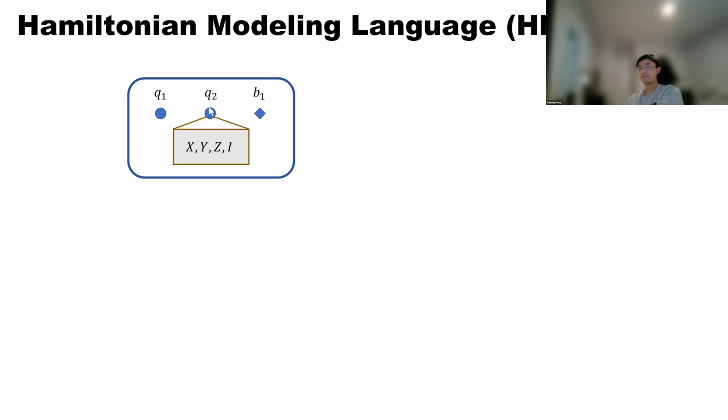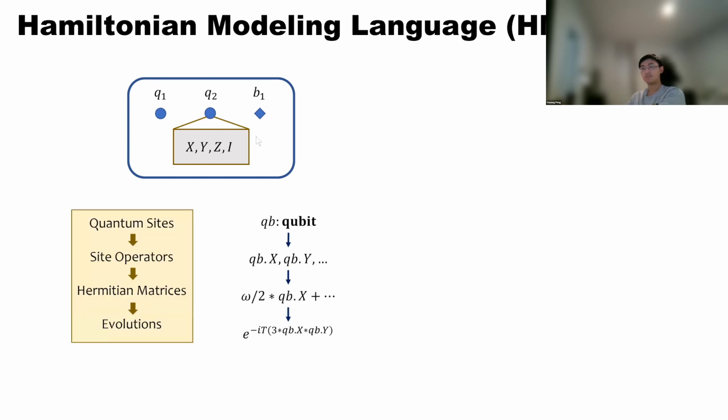These sites correspond to physical entities in the quantum system, and each site can contain several site operators. A qubit site contains the operators X, Y, Z and the default operator I. A bosonic site may contain the annihilation operator or the creation operator. These are the site operators that belong to each site.